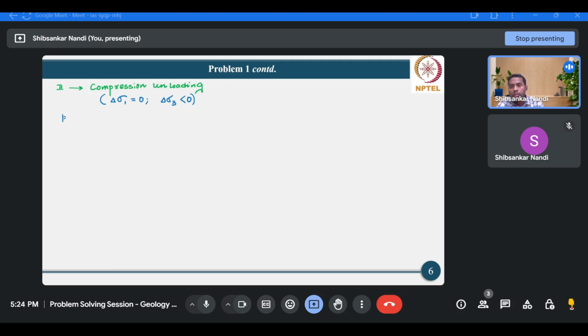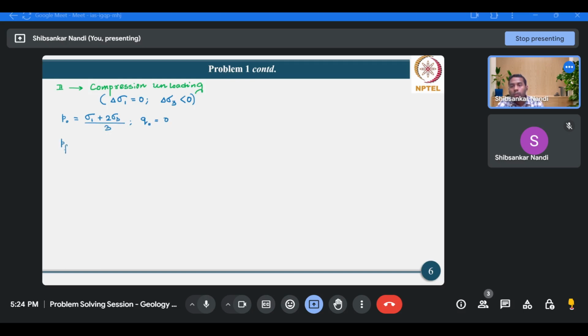So this is your P0 and Q0. P0 is sigma 1 plus 2 sigma 3 by 3 and Q0 is 0. Now what will be PF?